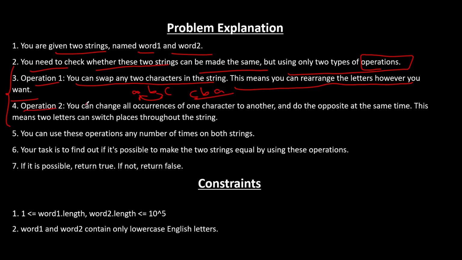The second operation is you can change all occurrences of one character to another and do the opposite at the same time. This means two letters can switch places throughout the strings.